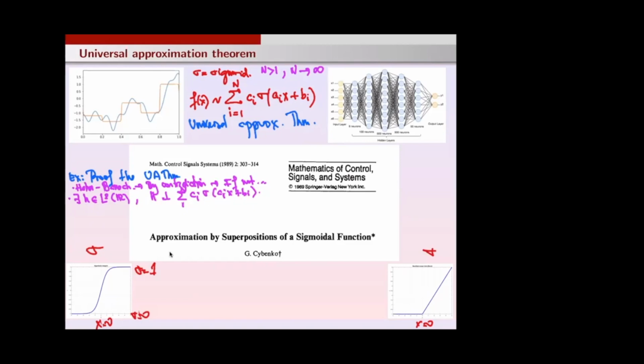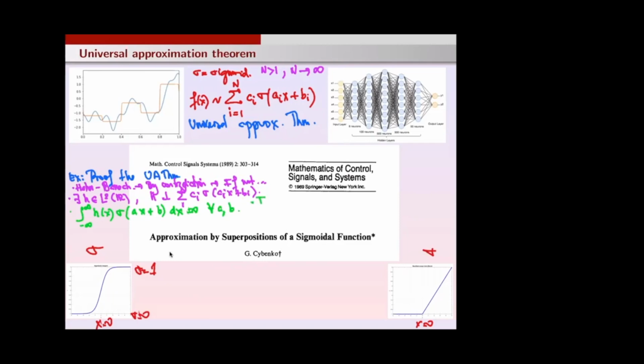So as a corollary of this, we will have that the integral along the line of h(x) sigma(ax plus b) dx will be equal to 0 for all a and b. Okay, very good. Now, the next step we do is the following.